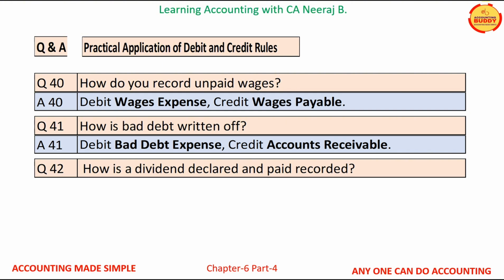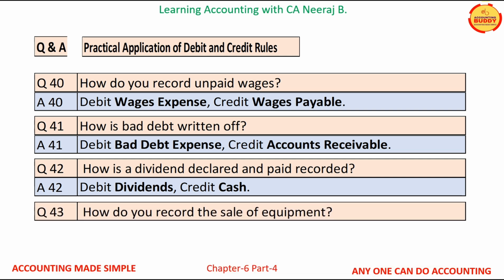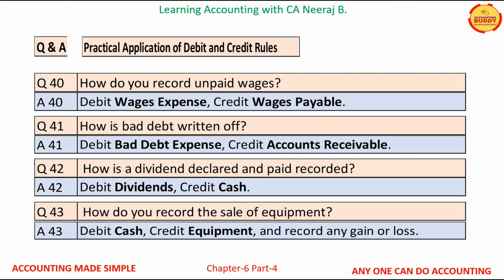How is a dividend declared and paid recorded? The answer is debit dividends and credit cash. Question number 43. How do you record the sale of equipment? The answer is debit cash and credit equipment and record gain or loss in the transaction as well.